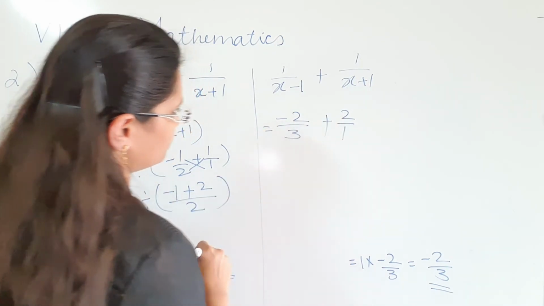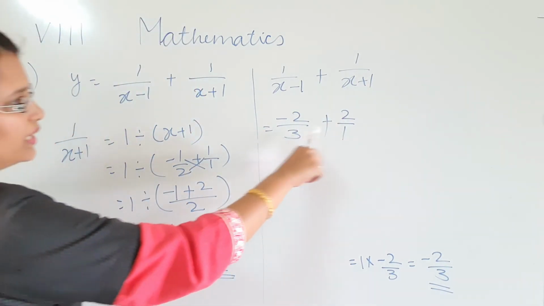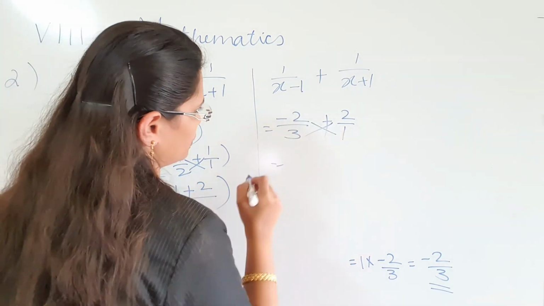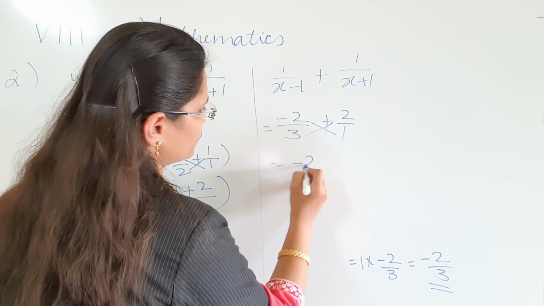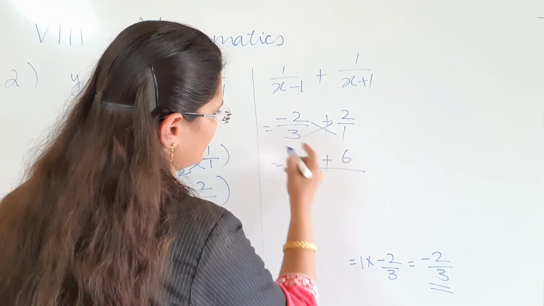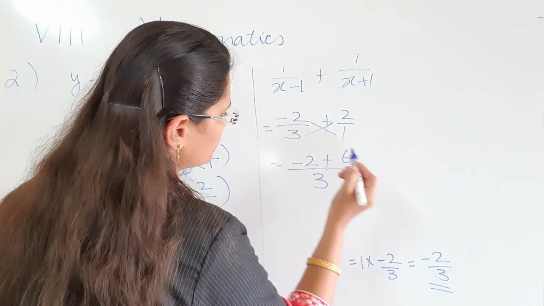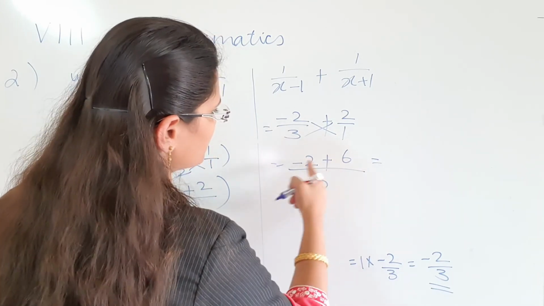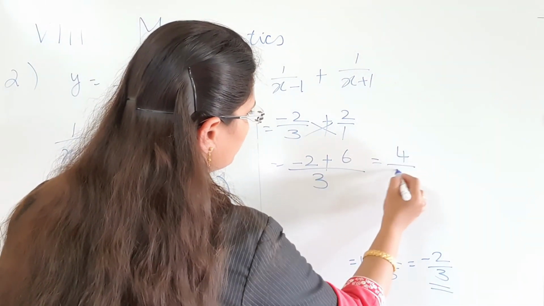Again, unlike fraction addition. Again cross multiply. 1 into minus 2 plus 3 into 2 is 6, divided by 3 into 1 is equal to 3, is equal to 6 minus 2 is equal to 4 by 3.